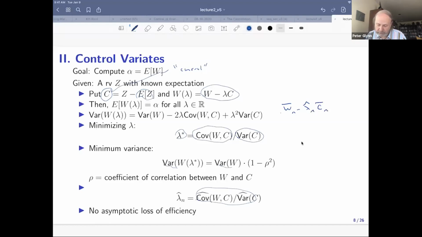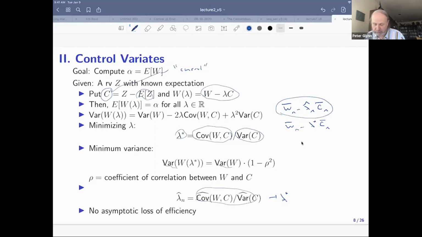And if we apply this particular control variates approach, we would expect, since for n large lambda hat n converges to lambda star almost surely as n goes to infinity, for large sample sizes, we might hope that its variance behaves pretty much the same as if you had known the correct value of lambda star from the beginning. And indeed, that's what happens in this particular case.